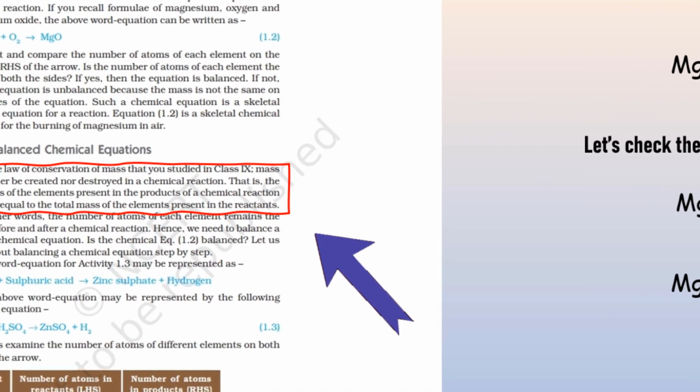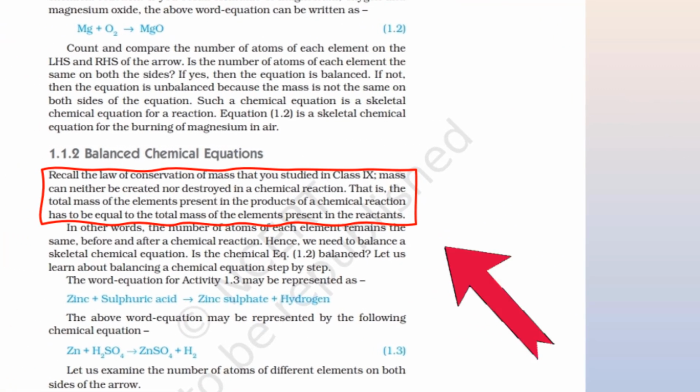Now the question is, why do we need to balance an equation? The answer to this is, balancing of equation is done to prove the law of conservation of mass. You have already studied this in class 9, which states that mass can neither be created nor destroyed in a chemical reaction.